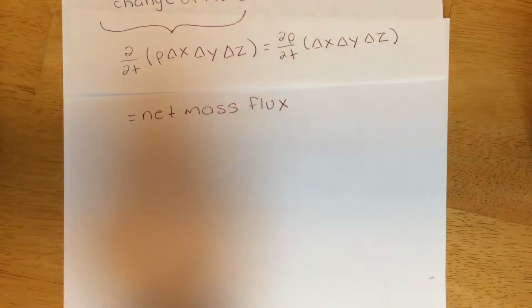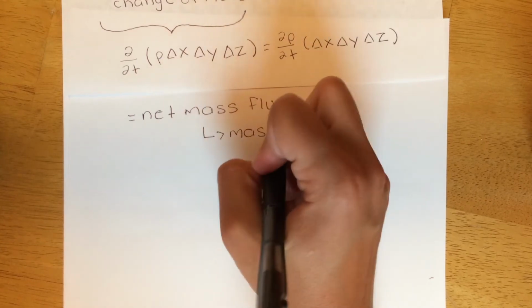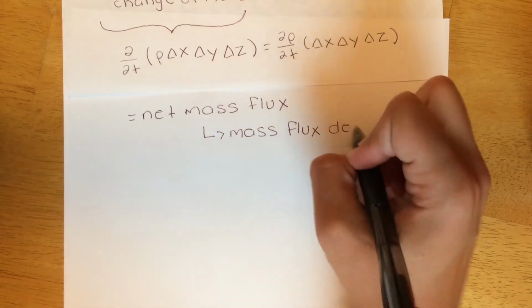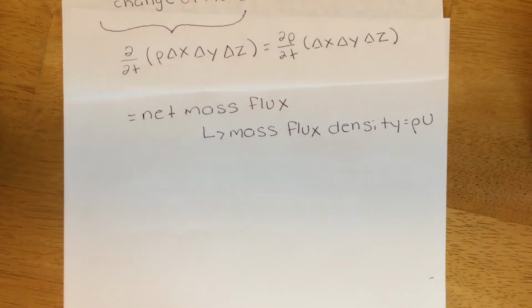On the right-hand side, we have net mass flux. We know from the previous derivation that the mass flux density is the density times the velocity. It is always really important to double check your work by making sure the units work out correctly.